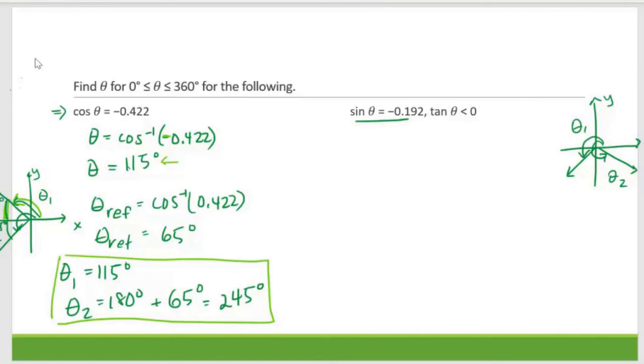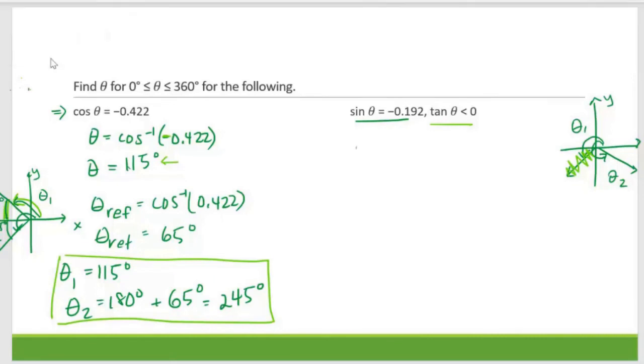Secondly, we're told that the tangent is a value less than 0, a negative value. Well, tangent is positive in quadrant 1 and quadrant 3, so this rules out quadrant 3 because the tangent of theta is negative. So we don't need to look at these two different angles. We know that the angle that we're interested in is in quadrant 4.